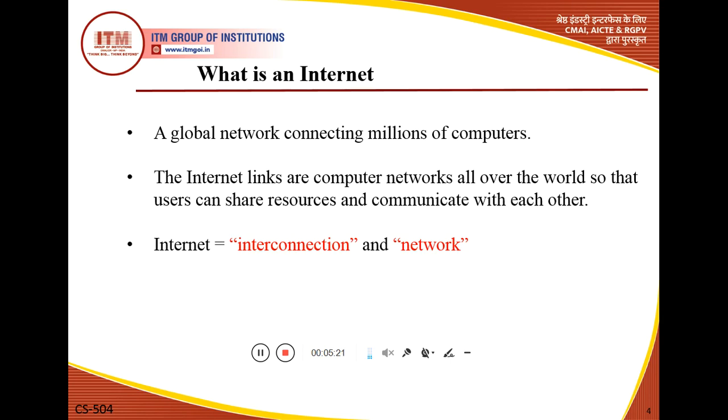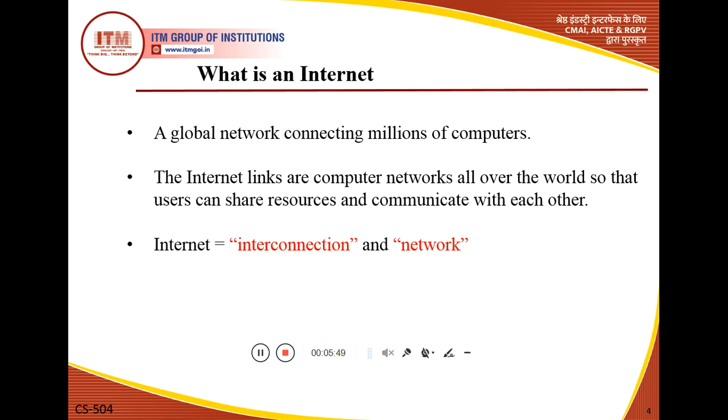Local area network or LAN is used in a small range. Suppose we want to use a network in the same building or the same institute, we will use the network connection in the form of LAN. Suppose we want to use the network in the same city or over a larger distance than LAN, this type of network is called MAN.